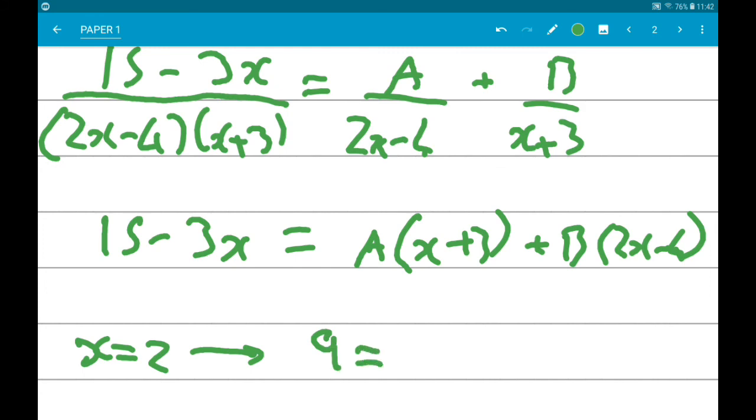And on the right, we're going to get 5a. Now, because of what's coming, it's going to make it easier to write a as a decimal. So we divide by 5, we get a is 1.8.